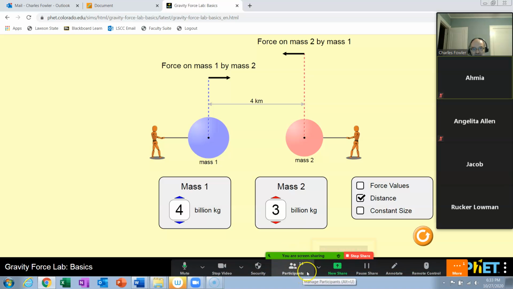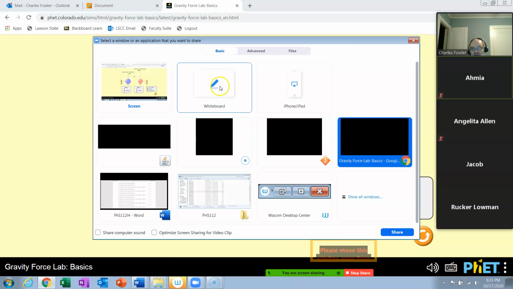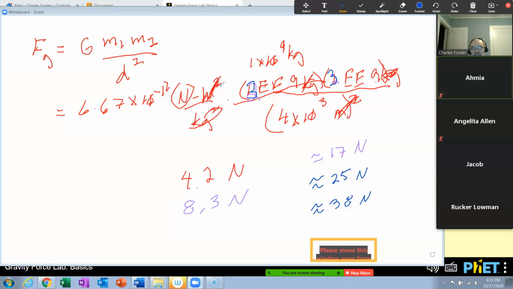No wonder I can't see what I'm doing. Okay, let's go back to whiteboard here. 4 EE3, close parentheses, squared, equal. All right, what are you up to now?